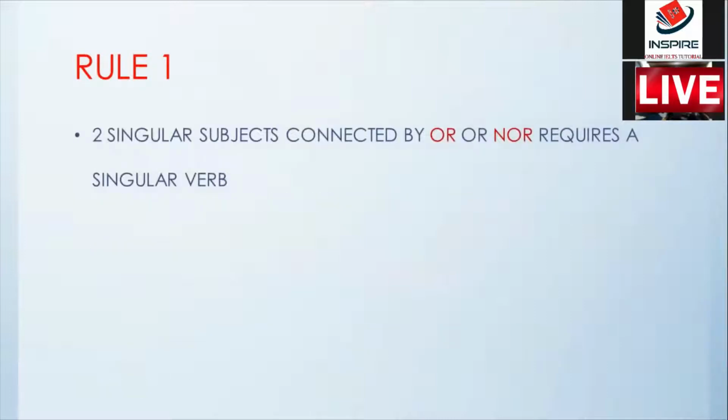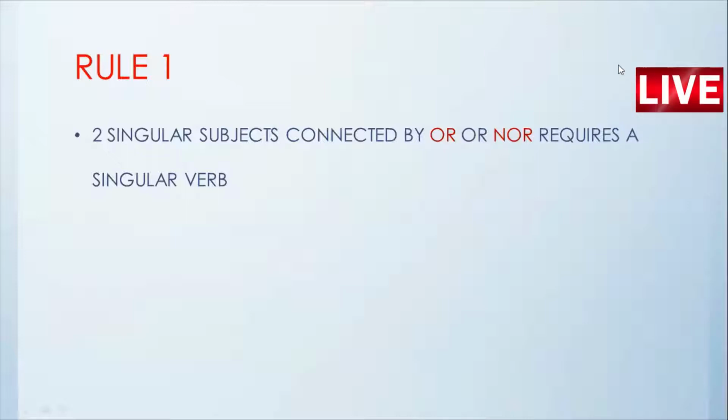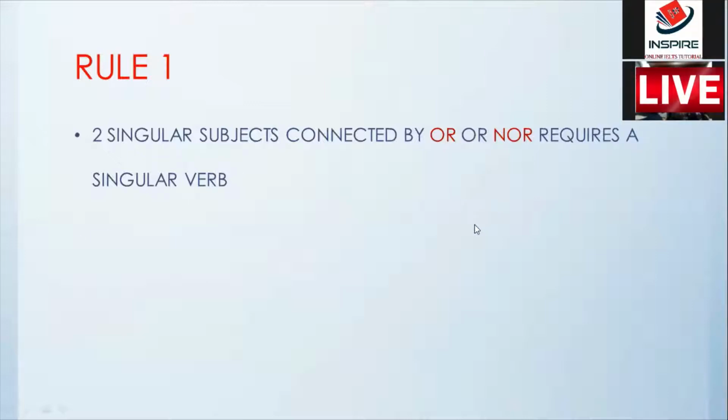So what can be the first rule? The first rule in subject verb agreement is, when two singular subjects are connected by or, nor, what will it require? It will require a singular verb. So this is the first rule, and now we will see an example.